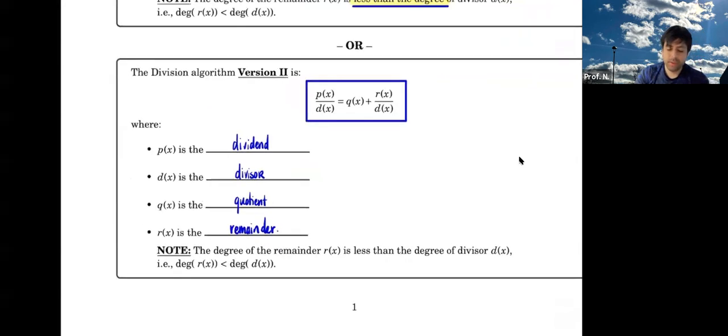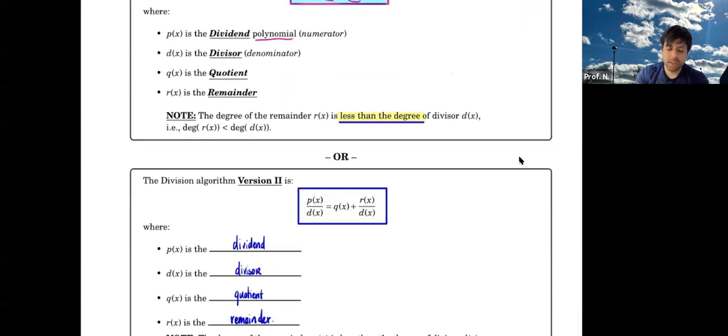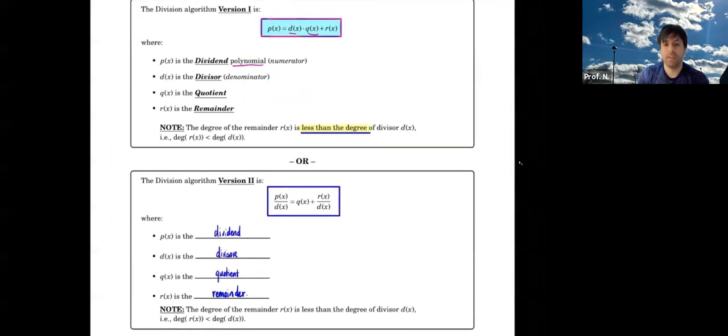Okay, so these essentially are the same thing. It's just that one is expressing another version. One of them is really just multiplication and addition. The other one, there's a division idea here, right? And we're adding the remainder over the divisor to the quotient.